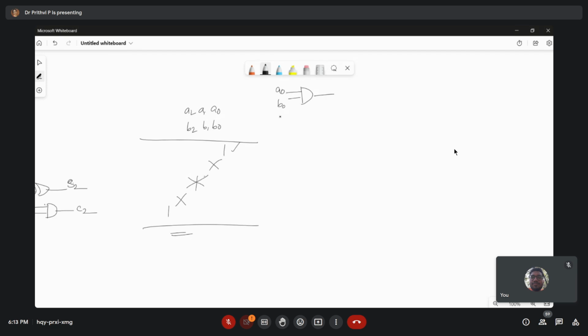Okay, second term is A0 B1 with A1 B0 getting added, an operation we are performing. This will be going to an XOR operation, and this will give you say this is S0, this is S1.